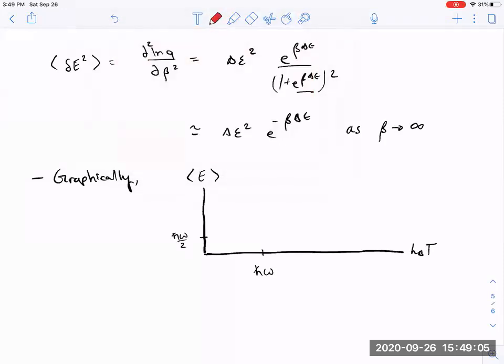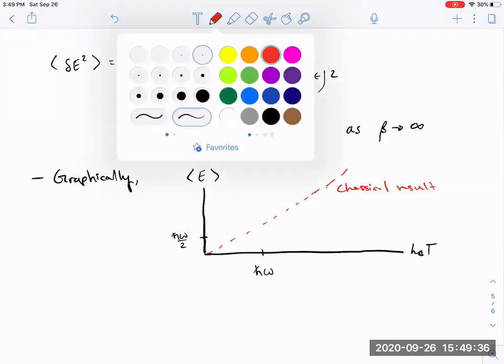Now the classical result said that the average energy was just kBT, so that's a line, two factors of 1/2 kBT. That's the classical equipartition result.